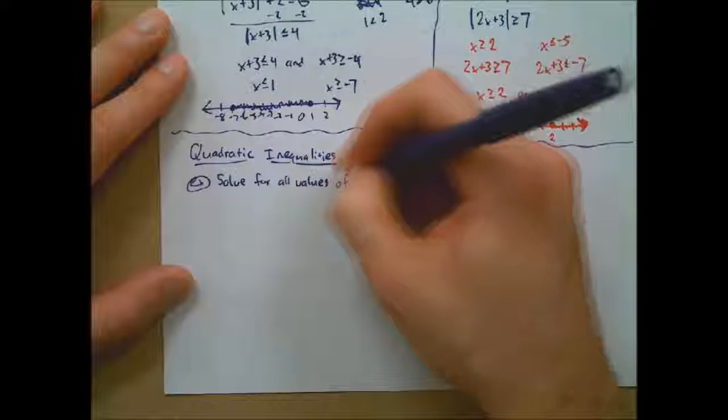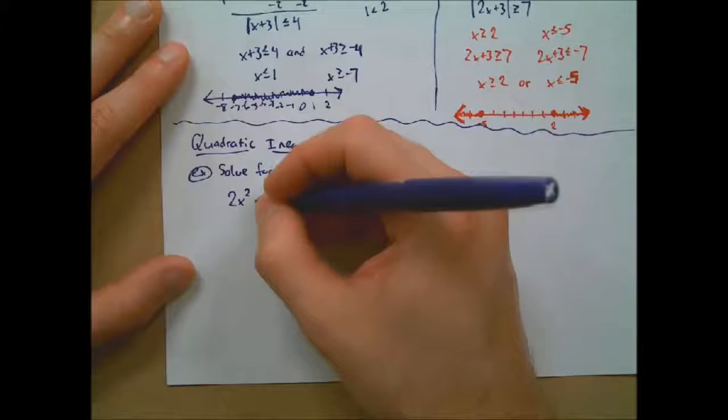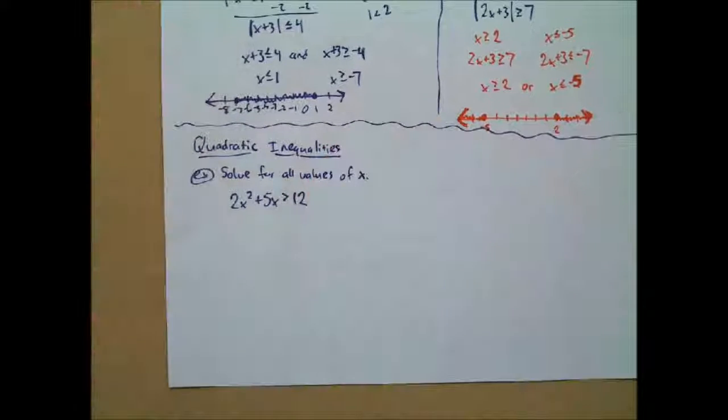So for example, 2x squared plus 5x, we want to know when that will be greater than 12.